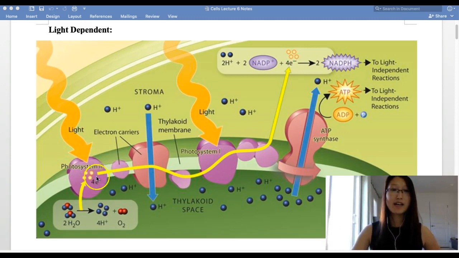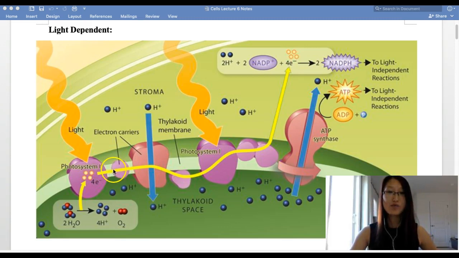The next step is that the electrons, after they get excited, can't do anything yet. Actually, it takes a lot before the electrons can send their energy to actually do something. But the electrons are going to go through these proteins. These are electron carriers, and they are proteins. These proteins are called the electron transport chain because it transports electrons.